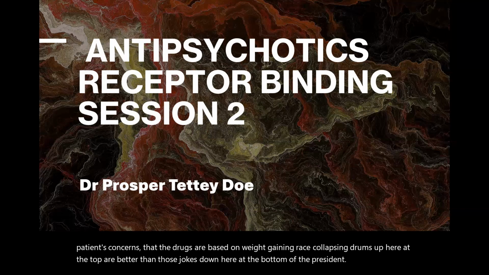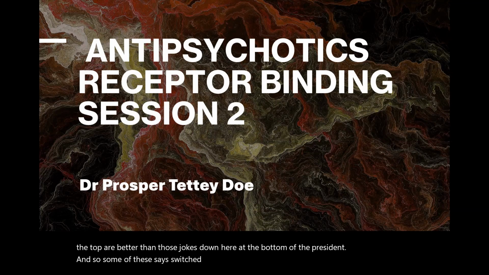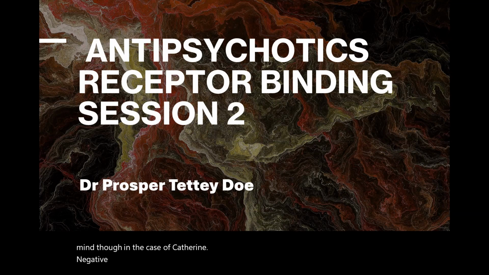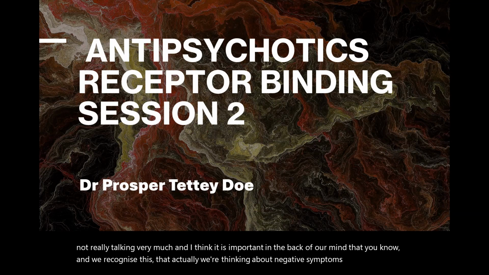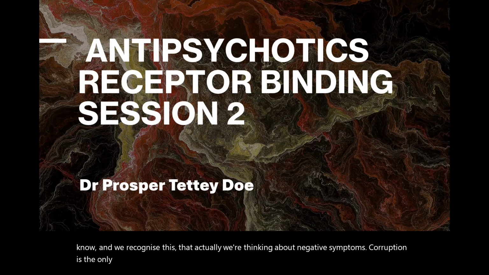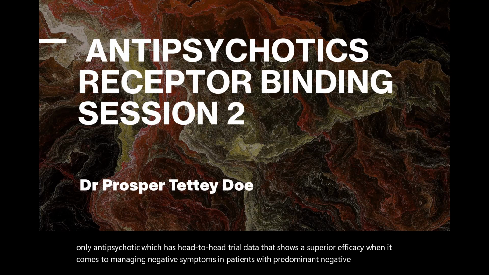And so some of you said switch to aripiprazole, a reasonable option. The other thing to bear in mind, though, in the case of Catherine, is that she's obviously got negative symptoms. She's not doing anything. She's sitting in front of the TV, she's not really talking very much. And I think it is important to recognise that if we're thinking about negative symptoms, cariprazine is the only antipsychotic which has head-to-head trial data that shows superior efficacy when it comes to managing negative symptoms in patients with predominant negative syndrome.